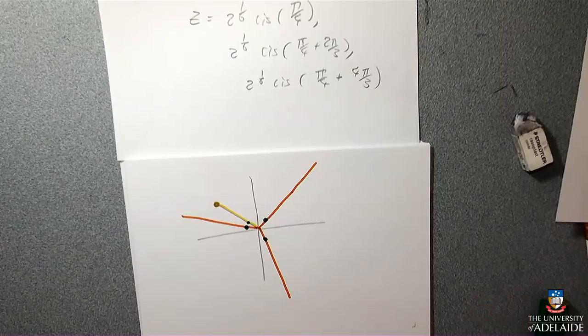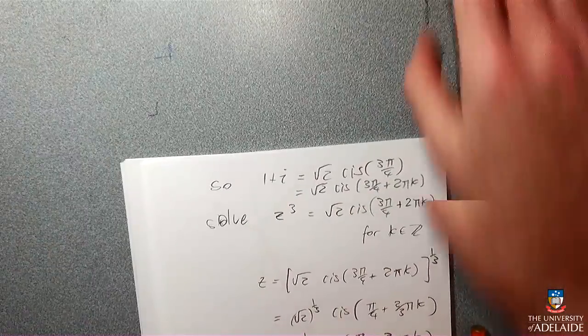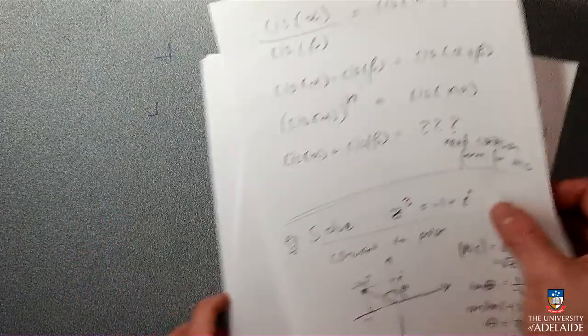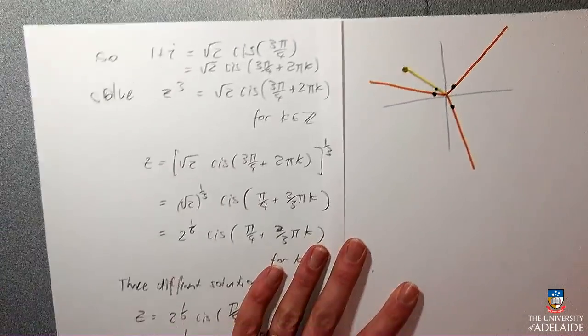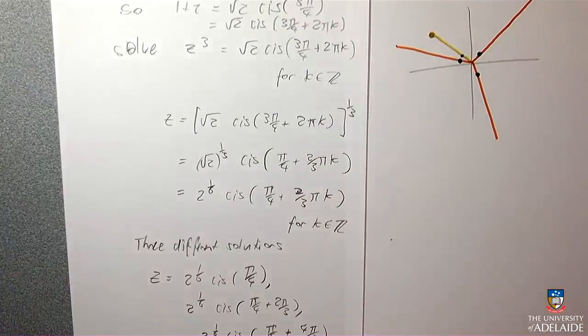So the power of the z indicates how many solutions there are? Yep. So you've just asked the question, going to make sure that that's there. The power of z, this is z cubed, there should be 3 solutions. Z to the power of 4 should have 4 solutions, z to the power of 5 should have 5, z squared should have 2.